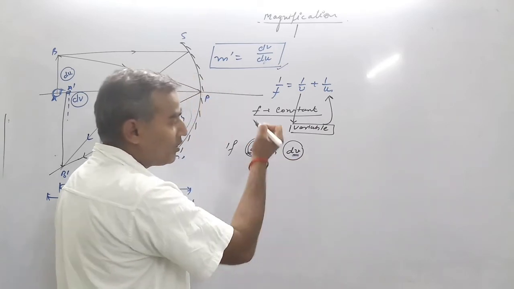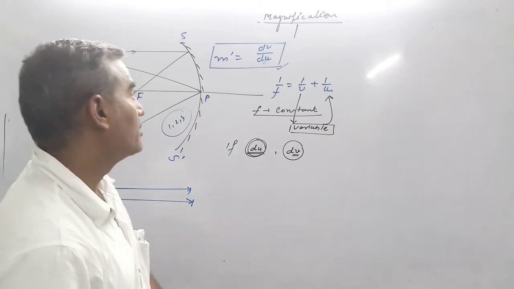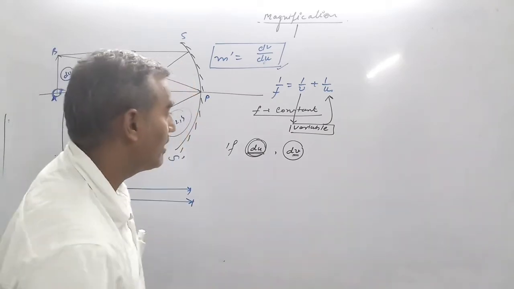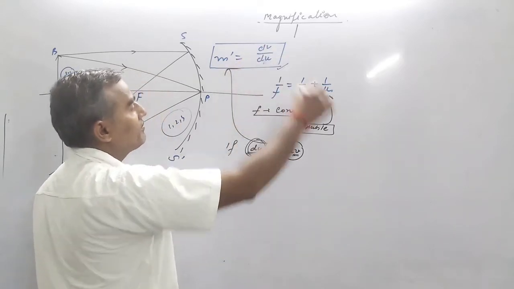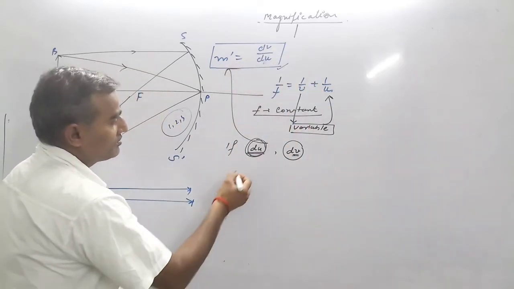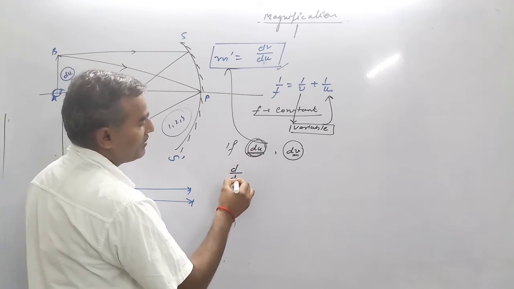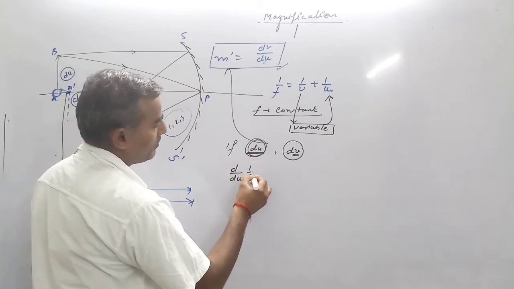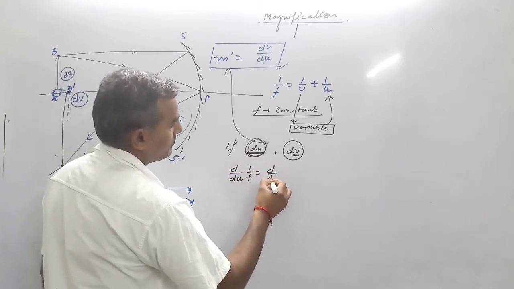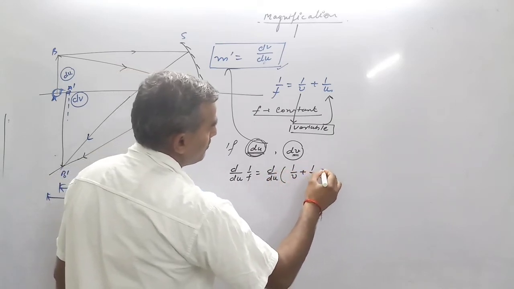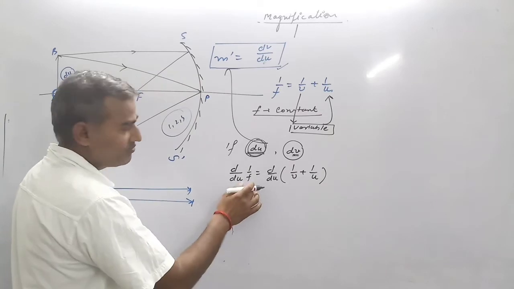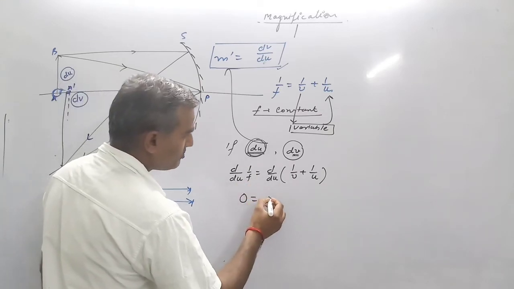So dv by du is the fractional change, known as axial magnification. Now differentiate: d by du of 1 upon f, and d by du of 1 upon v plus 1 upon u. Since f is a constant term, it becomes 0.